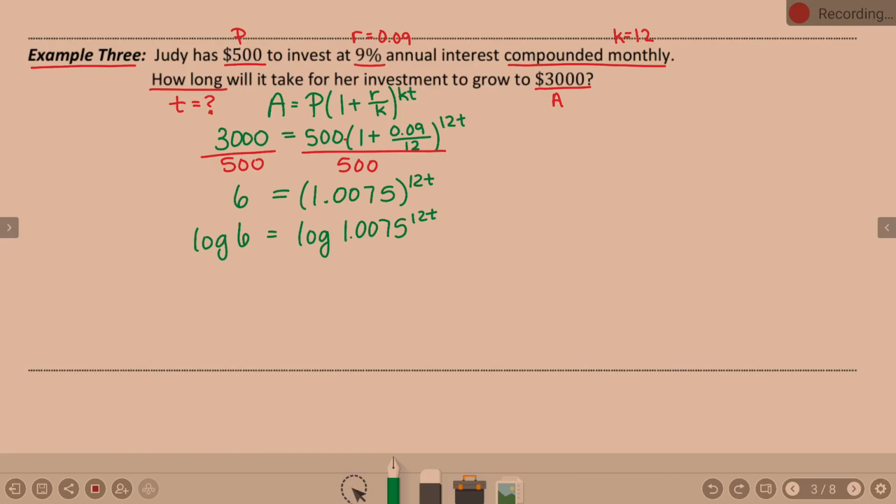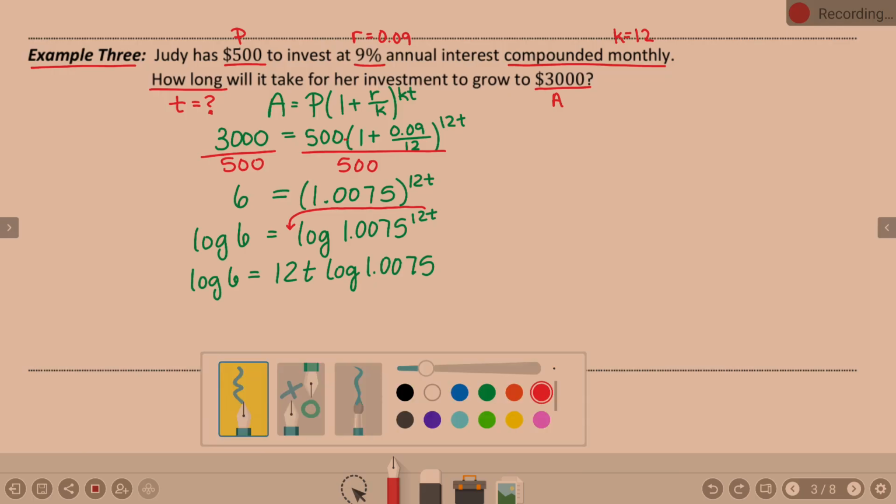Can you use the power property with the 12t? The whole point of taking the log of both sides is that now I can pull this power out front. So I have log of 6 equals 12t times log of 1.0075.